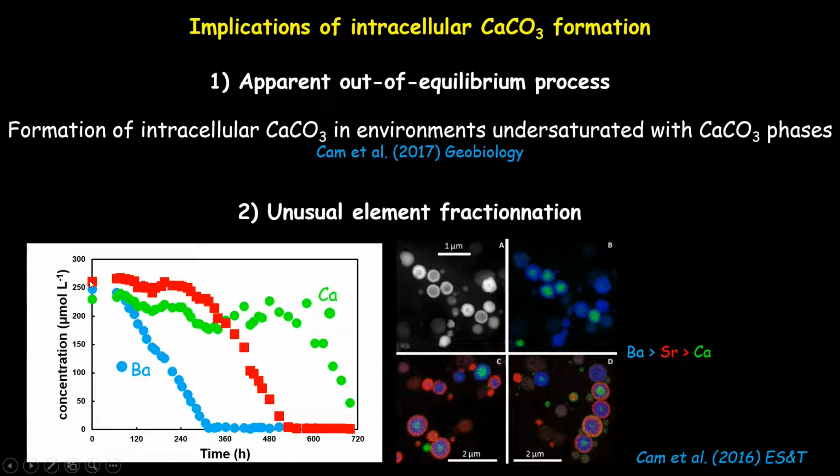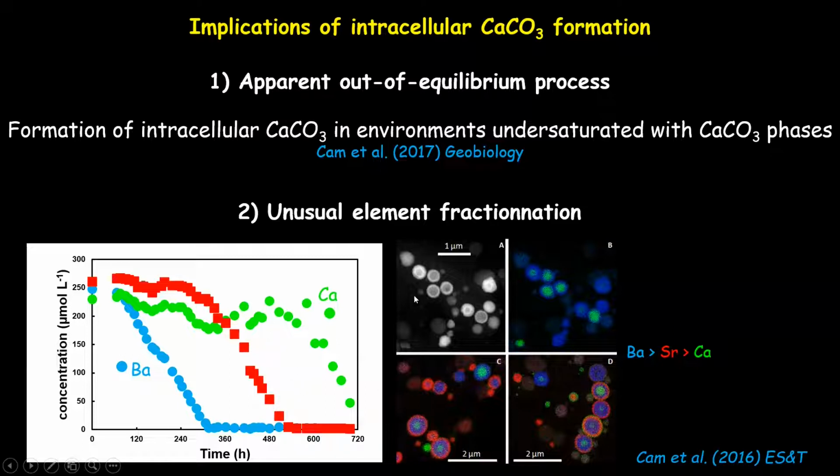You see that in the first step, you have a decrease of the barium concentration in the solution, which means that the bacteria are sequestering barium. And once they have taken up all the barium, you see that in red you have the strontium. Then the strontium sequestration starts. And when there's no strontium left in the solution, then the calcium starts.